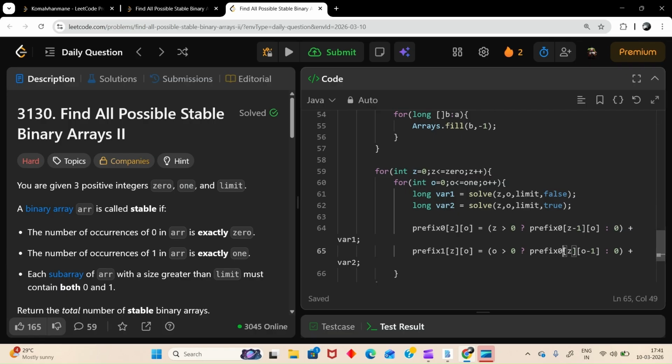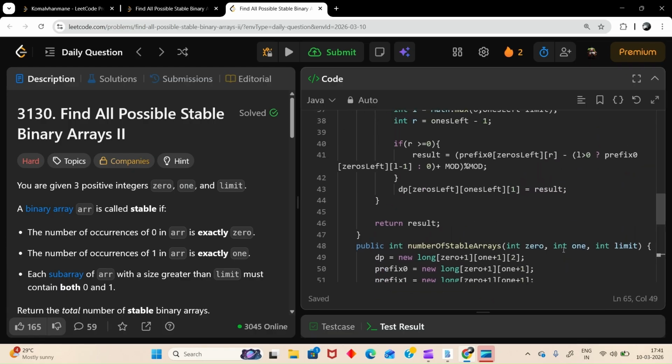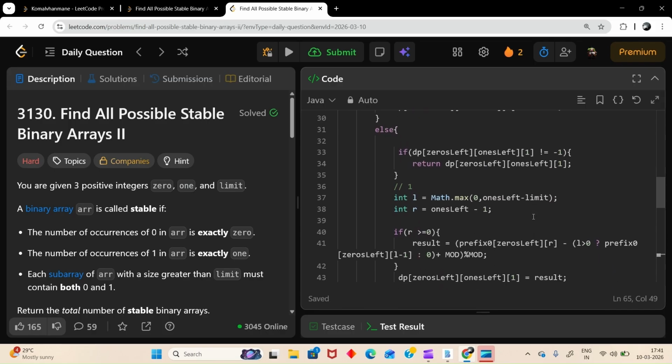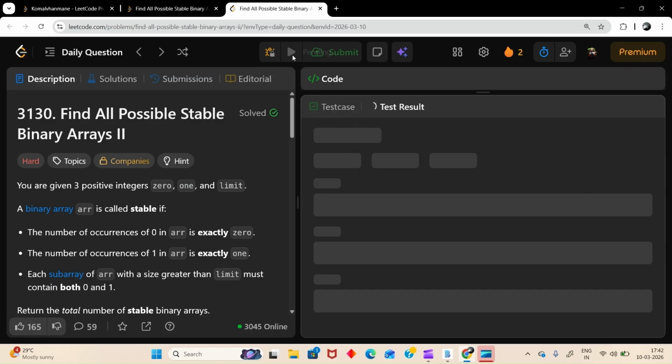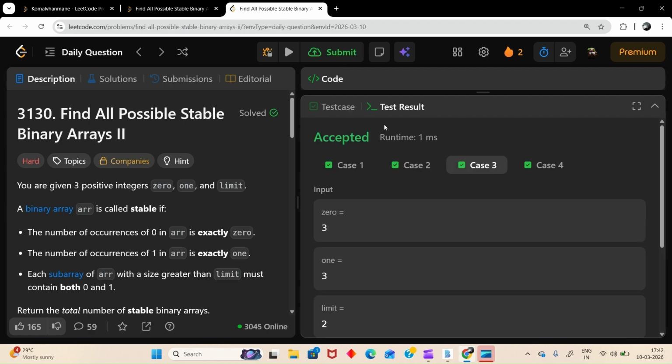Yes, I made a mistake here. I think here also. Yes, here also. Why are we storing in prefix 1, if we are going to use the same? Yes, I think it should be good now. Now let's submit this solution.